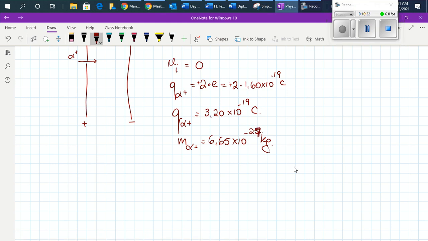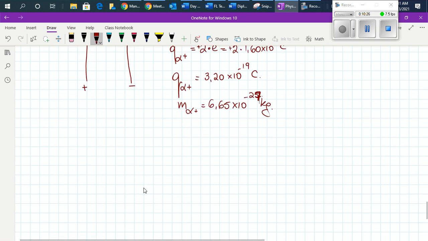Okay, so now again, since it is starting from rest, then the kinetic energy of the object before is 0, so it will be just the electric potential energy that the particle possesses. And now we know that it possesses it because the natural flow of the alpha particle is to go toward the negative, and this is transformed into kinetic final.